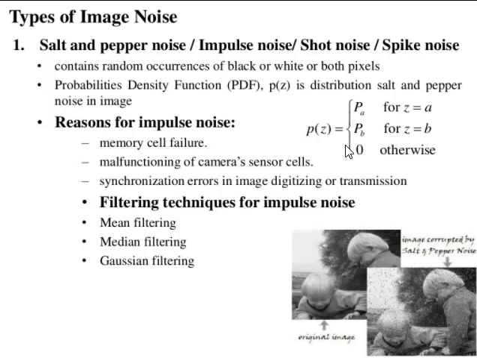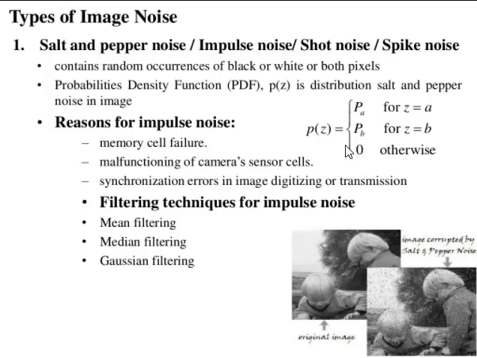Then synchronization errors in image digitization or transmission. Synchronization means we have to make everything in one line; if it is not done, we get errors in the final image.